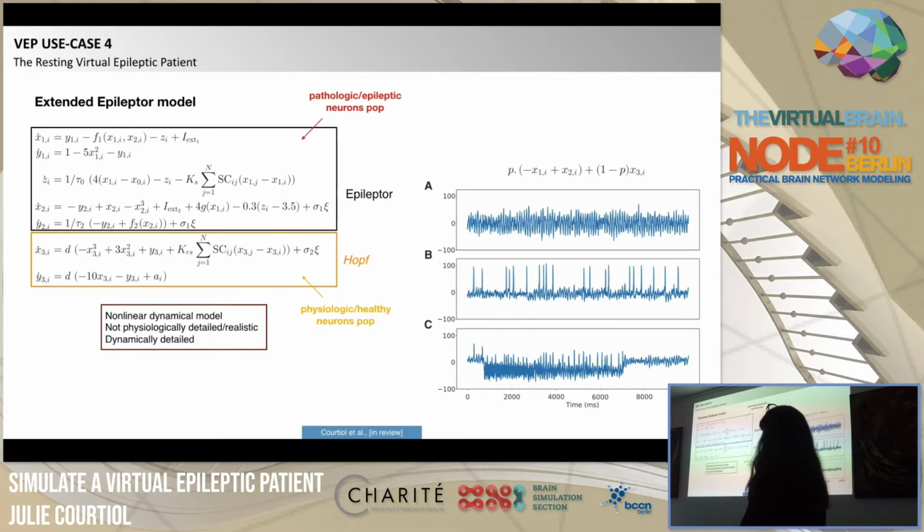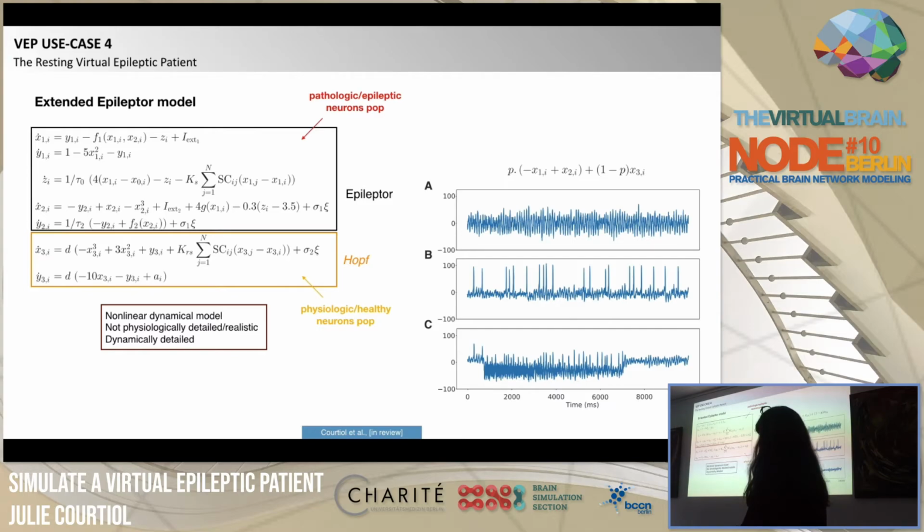And we have a lot of this data, and one of the techniques to identify brain activity during resting state is the fMRI BOLD data.